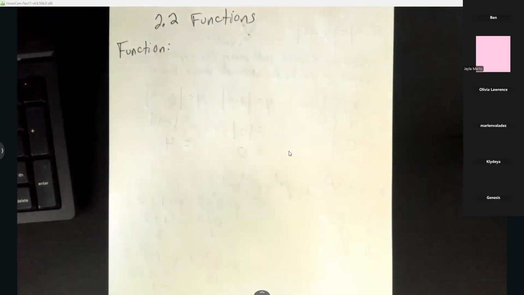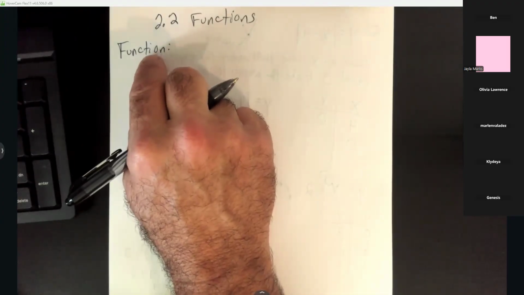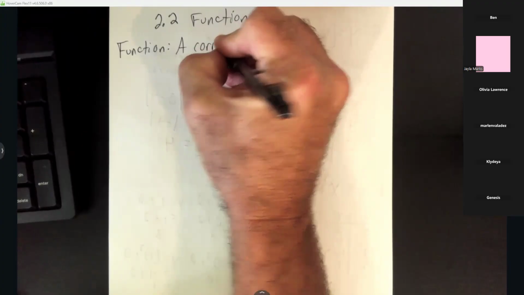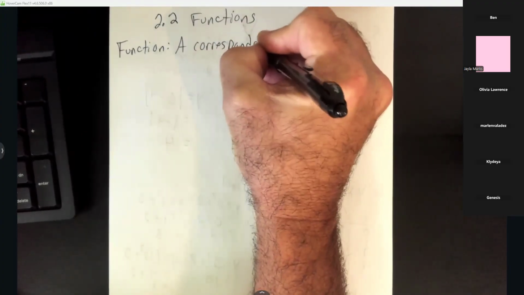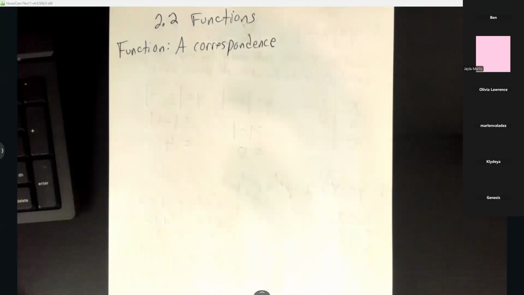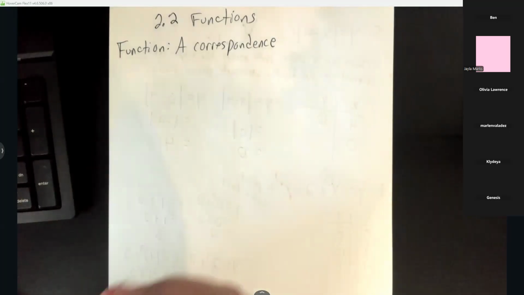So first thing I got to do is, what is a function, right? So for us, a function is going to be a correspondence. So correspondence is where they sort of relate x values and y values together, okay?